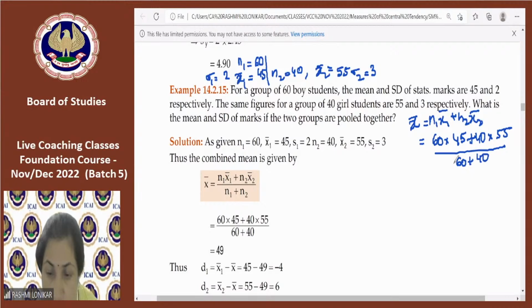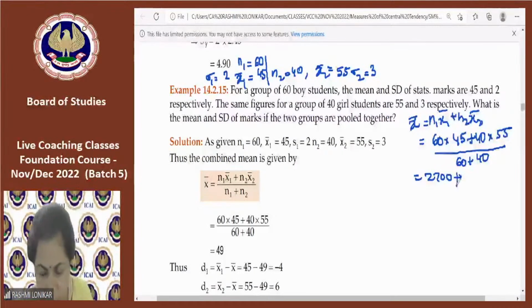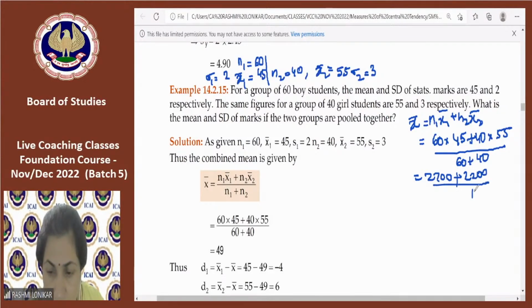So this is equal to how much? 45 into 60 is 2700 plus 55 into 40, 2200, upon 100. 2700 plus 2200 is 4900 upon 100. So answer is 49.